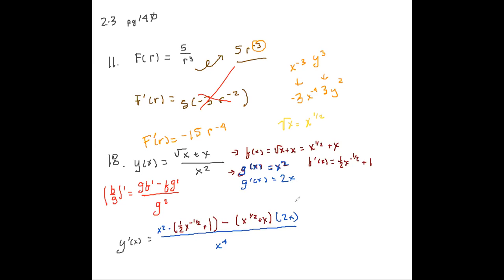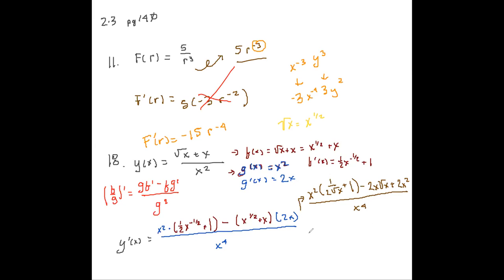So this is going to become x squared times 1 over 2 root x plus 1 minus, and then I'm going to say this is 2x root x plus 2x squared over x to the 4th.